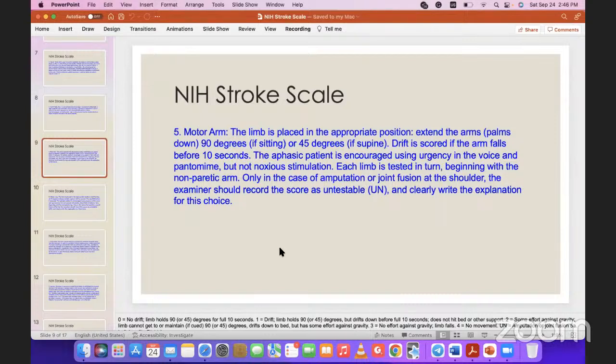I will continue the NIH stroke scale. Number 5 here, we have the motor arm.